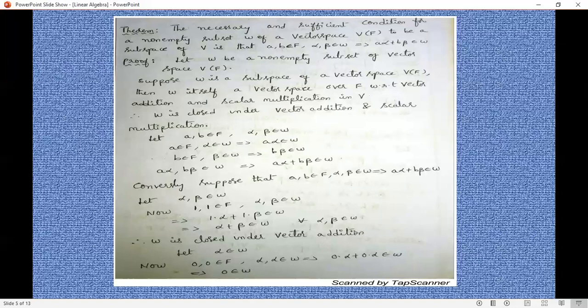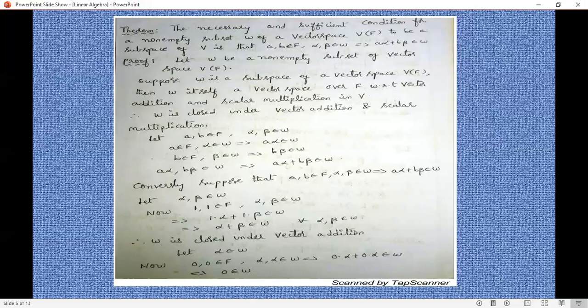What we have to prove now? W itself is a vector space. That means W is a subspace of V over F. Let alpha, beta belongs to W. We know that F is a field, which implies F contains the unity element.